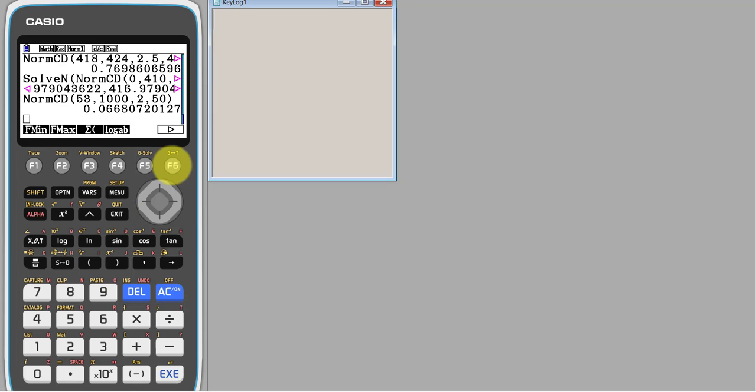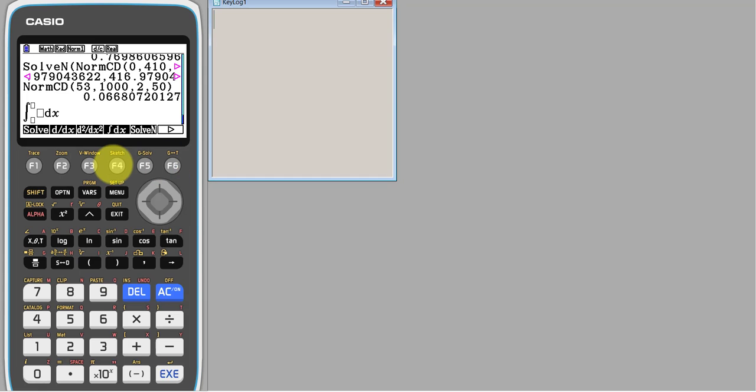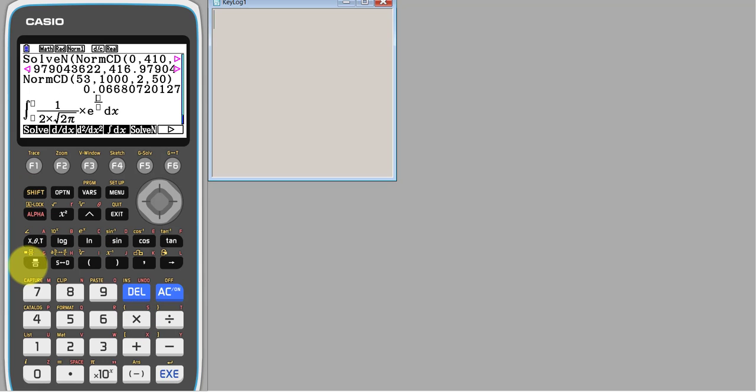Now let's check that using the other method. If I go back to here and calculate, there it is, take the square root of, and the function is 1 over, and this can all be done quite quickly, times shift square root 2 shift pi, so you haven't got a lot of time in your exam, times shift e to the power of negative a half, I'm just going to leave it like that, I'm not going to transform the inside, I'll do that in here.